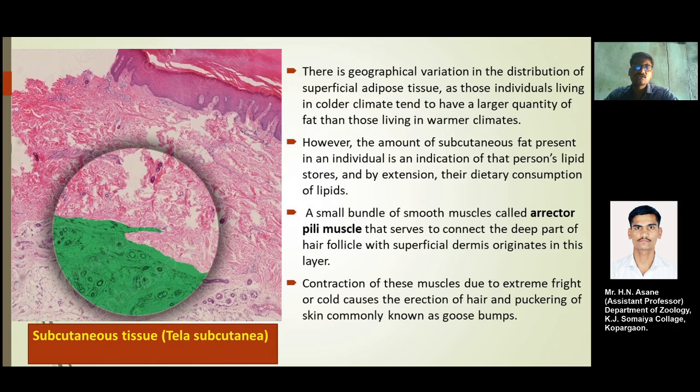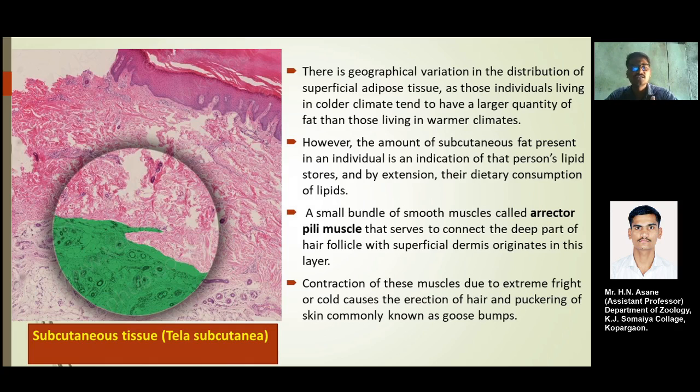Okay, a small bundle of smooth muscle called the arrector pili muscles, which we have seen in the last session, serves to connect the deep part of the hair follicle with the superficial dermis.